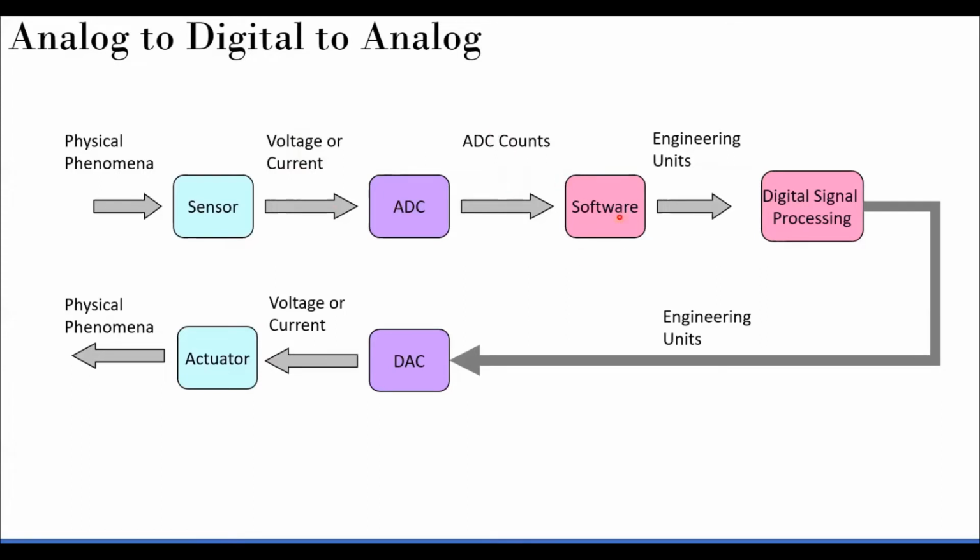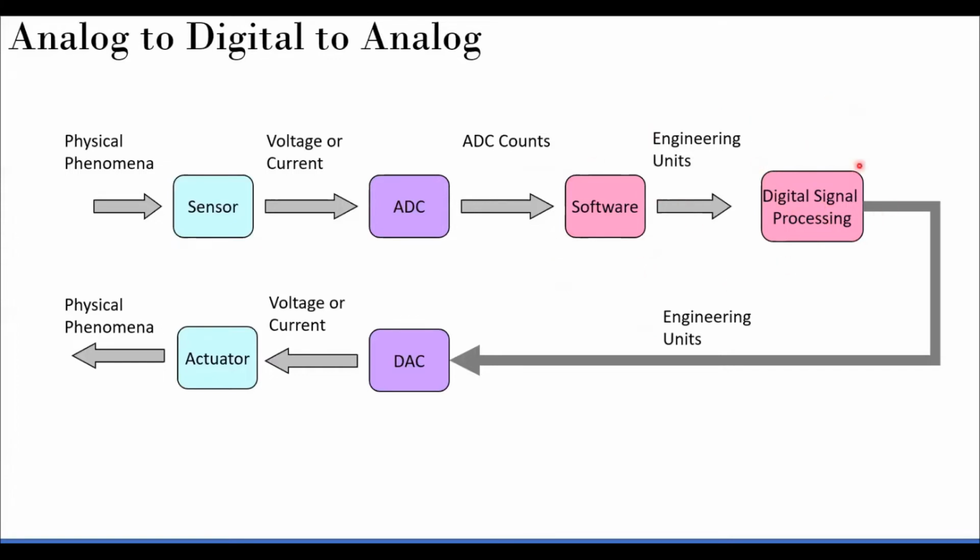Then you use software. This can be in FPGA, ASIC, or digital ASIC, then CPUs, GPUs, etc. So you do a lot of processing. In fact, both these can be combined.